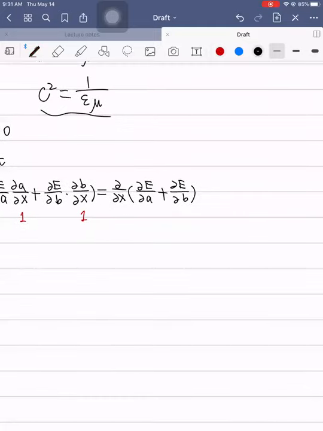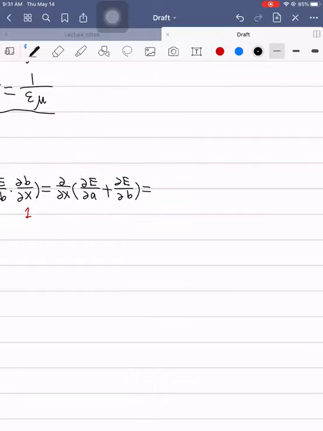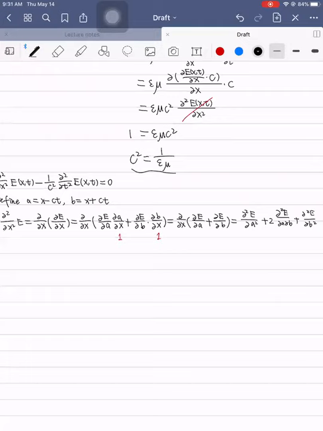Okay, so finally we can write this like this.